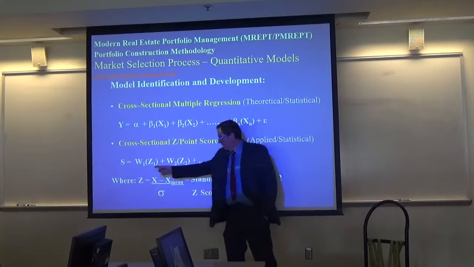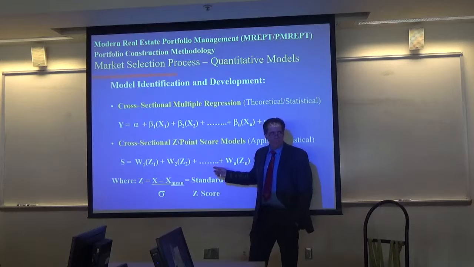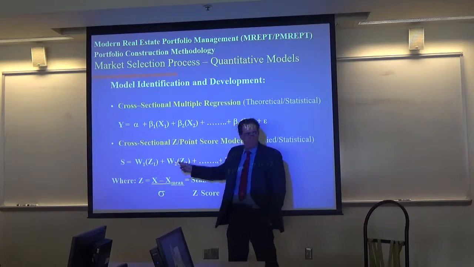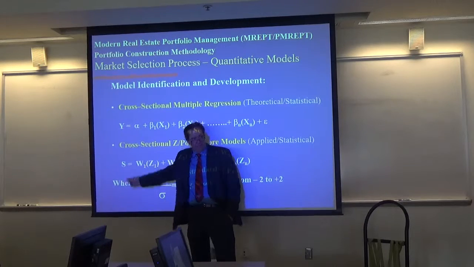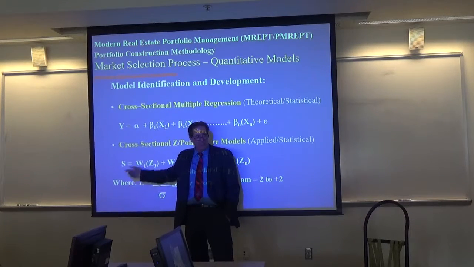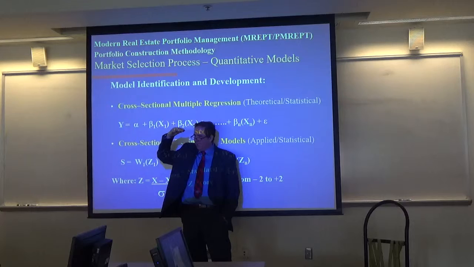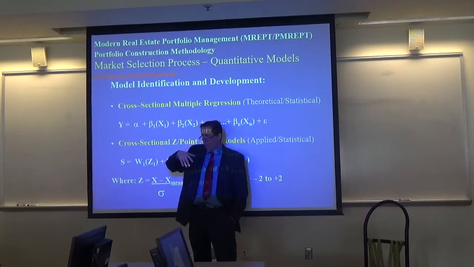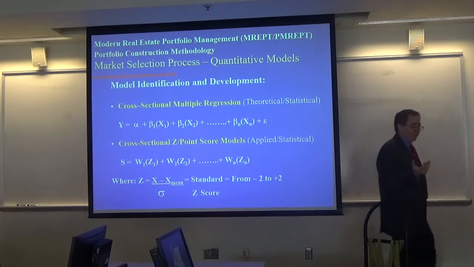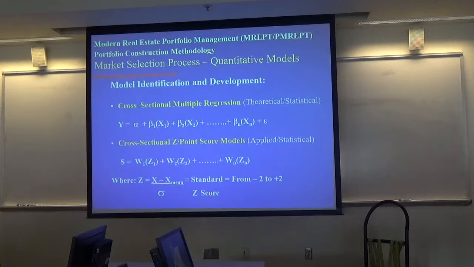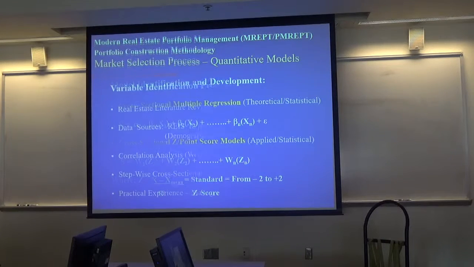So I can do that for employment, population, and all kinds of things. And then I can weight them. I can weight the z-scores and create a composite score, and then sort the metros. And the metros with the highest scores for the underlying fundamentals will rank to the top. And the ones that are weak will rank at the bottom. So z-scores are extremely powerful tools in creating indexes and ranking markets.